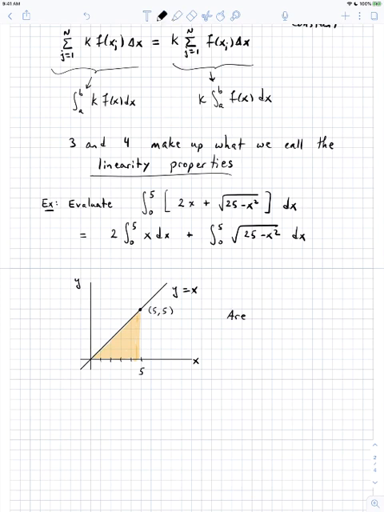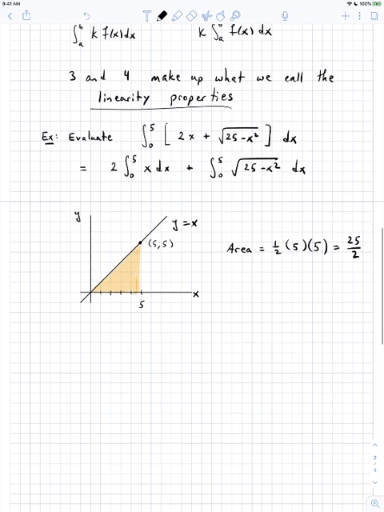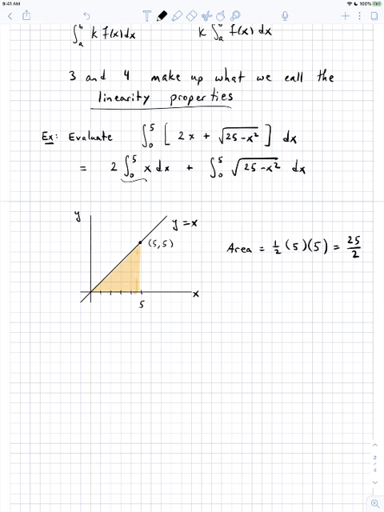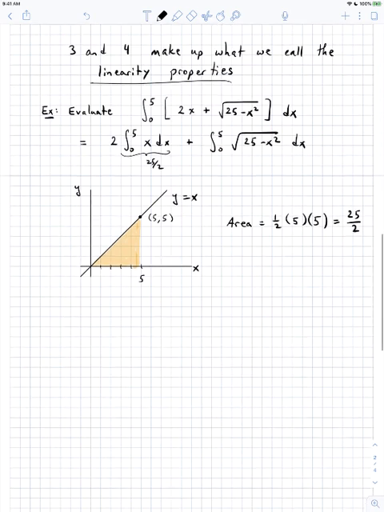So the area is equal to 1/2 times the base, which is 5, times the altitude, which is also 5. So we can just write that as 25 over 2. So that tells us that the definite integral from 0 to 5 of x dx is 25 over 2. Well, what about the second curve? This we can also graph.